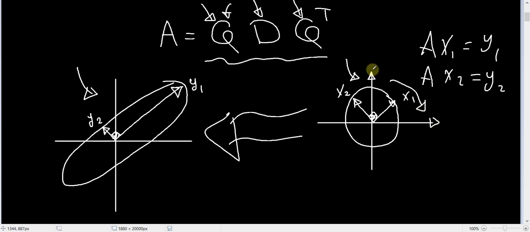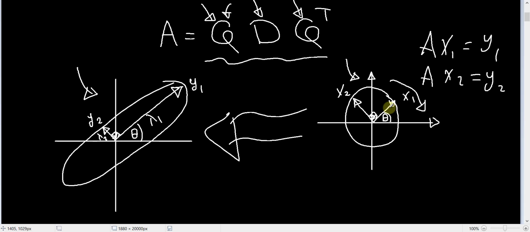After that we perform some scaling in the x1 and x2 directions by the amounts of the eigenvalues. This is lambda 1, the largest eigenvalue, and this is lambda 2. Then we do the reverse rotation in the counterclockwise direction, with the same angle theta. So this was the geometric interpretation of the eigen decomposition of symmetric matrices.